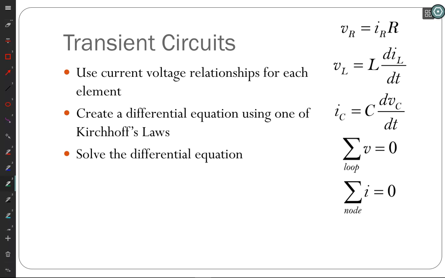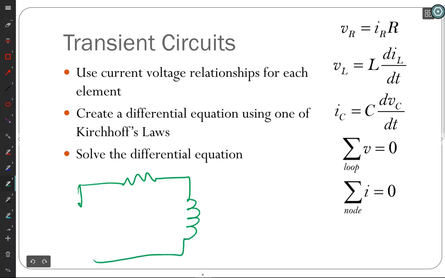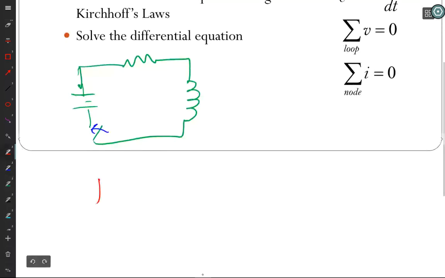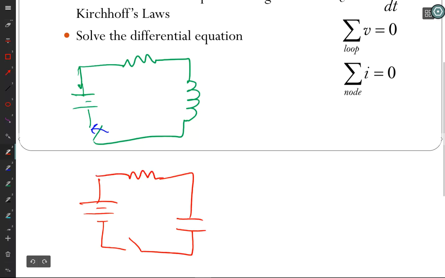Transient circuits are circuits that are changing from state A to state B. And you could have either an RL circuit, and I'm just going to make this a rather naive circuit, a circuit where you have a switch that can close and you change from one state to another with a resistor and an inductor, or you would have an RC circuit.